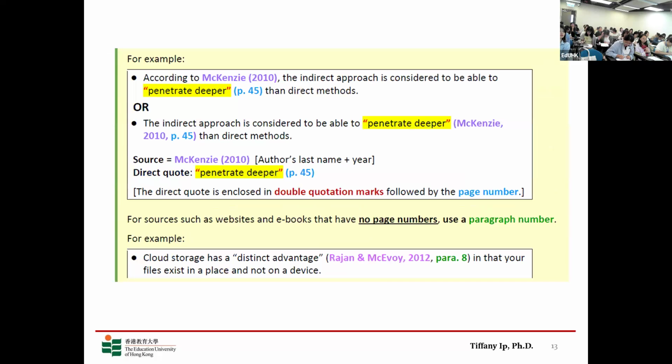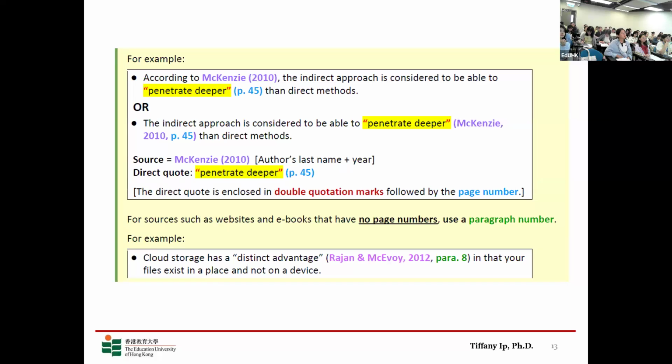So here is the example. Imagine you are citing a source from McKinsey 2010. According to McKinsey 2010, this is what you normally have already, the purple part. And then the information: the indirect approach is considered to be able to, and you find this term, the highlighted part, penetrate deeper. Very useful. Whatever the reasons, you want to keep that wording exactly for your readers.